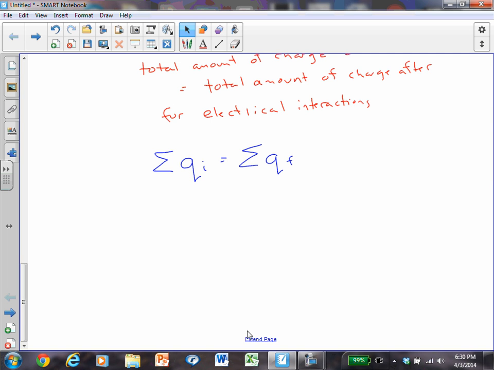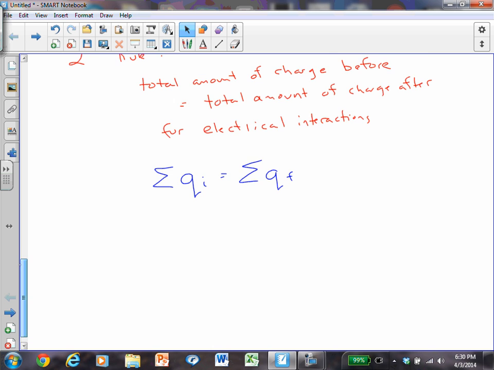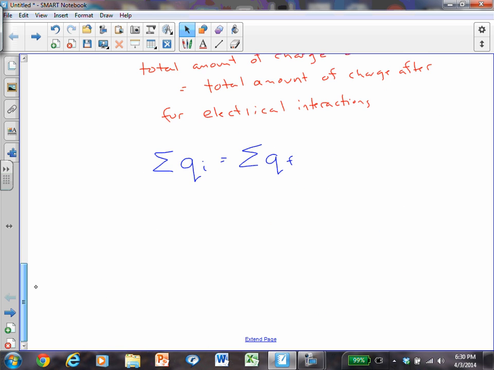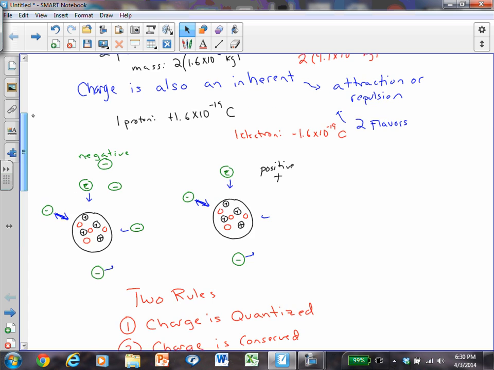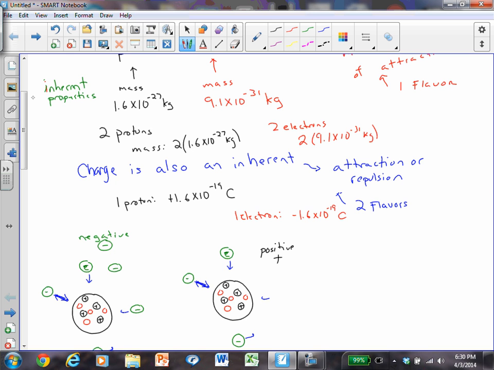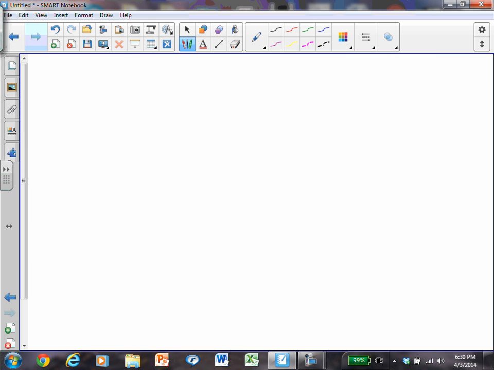Okay. So that's actually on the model. It's 8.1a. Let's see. We'll start it here with charge as an inherent property. Okay? And now 8.1b, we're going to do this in 2 parts, so another video will be C and D because this is long, is conductors and insulators.